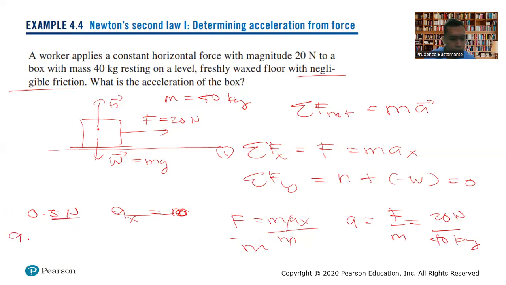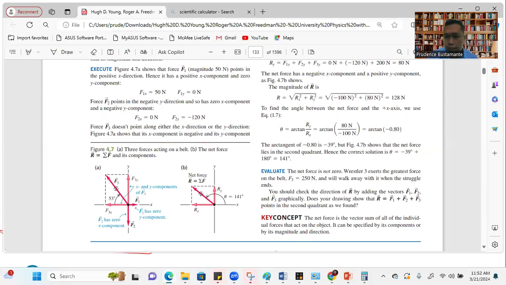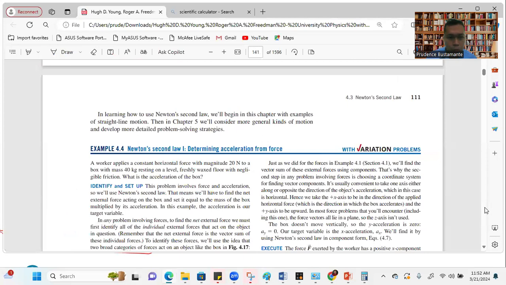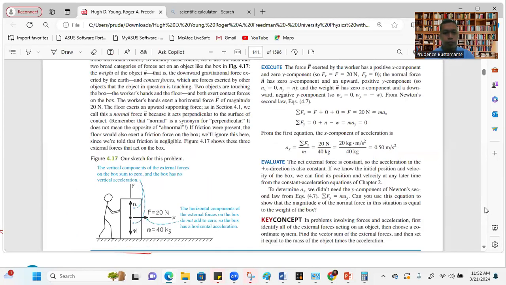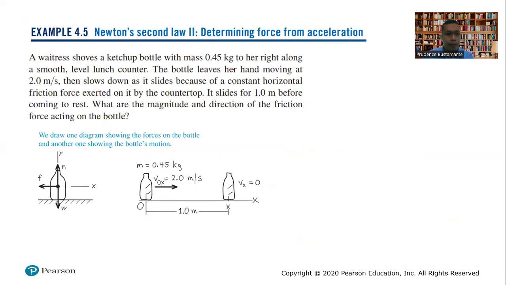Acceleration is 0.5 meters per second squared because this kilograms, so makancel yung kilograms, meters per second squared. So let's check. Check muna natin ating answer para di tayo magkamali. So 0.50 would be three significant figures. This is two significant figures. So we have 0.5 meters per second squared. Okay.